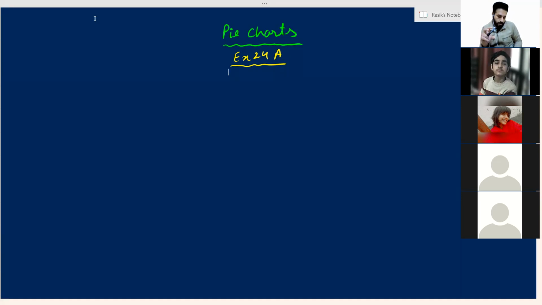If the money spent in a particular area is less, then the angle will be less. How will you find these angles? There is an easy way of doing it. So let's find the angle for the money spent on rent.